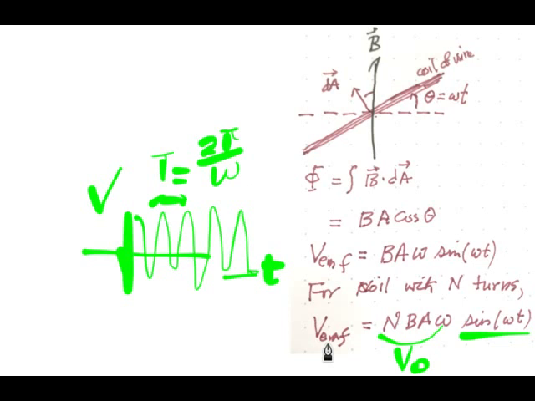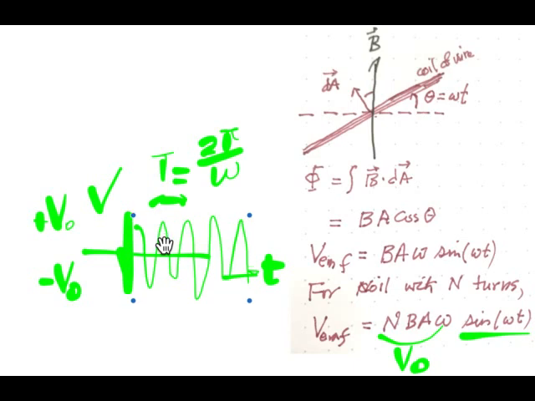So you see the voltage would alternate between plus V0 and minus V0. So I'd have here plus V0, the maximum voltage, and down here minus V0, a sinusoidal variation alternating between plus V0 and minus V0.